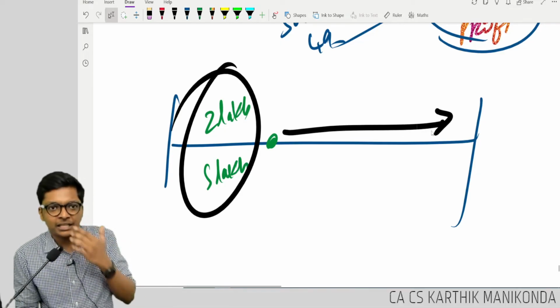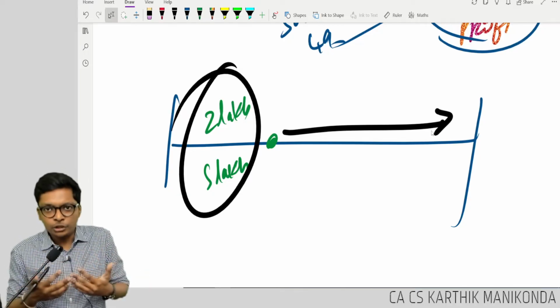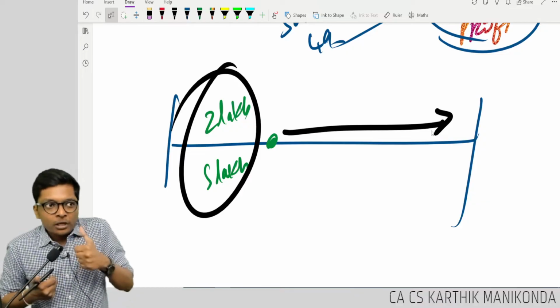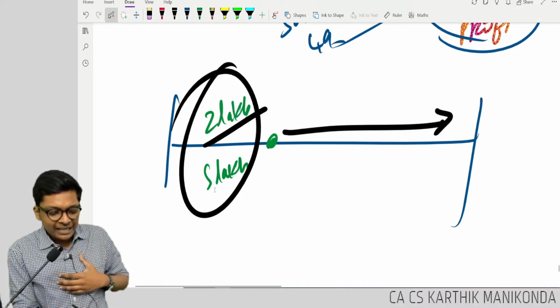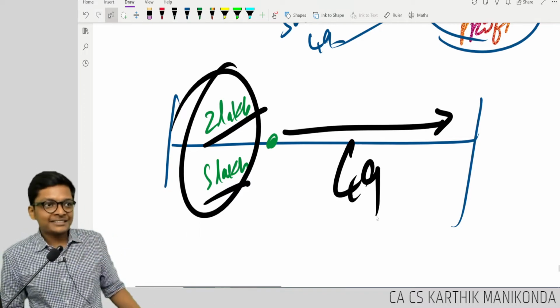Whatever you earn later are subsequent profits or losses. So when I ask you, when you bought this land, what was the goodwill or capital reserve? Will you say 2 lakhs and 5 lakhs or 49 crores?